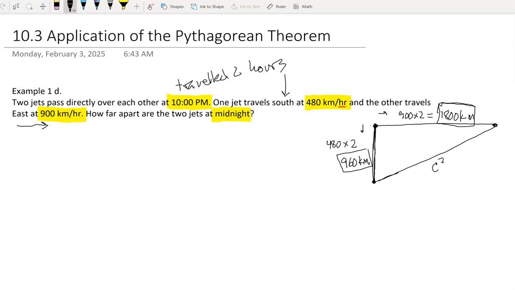So once you interpret this information from the problem, we can see that what we need to do is find the hypotenuse of a right triangle, because the direction south and the direction east are perpendicular to each other. So let's go ahead and set up our Pythagorean theorem.